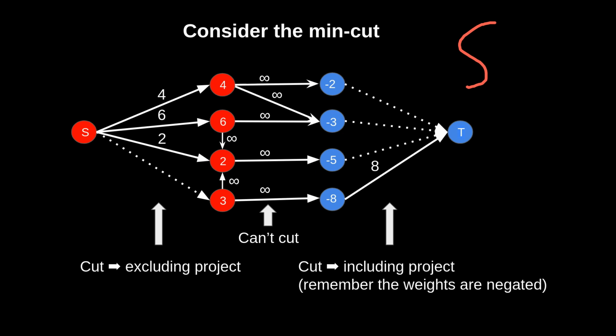And so cutting the edge is equivalent to adding the negative cost to our set S.